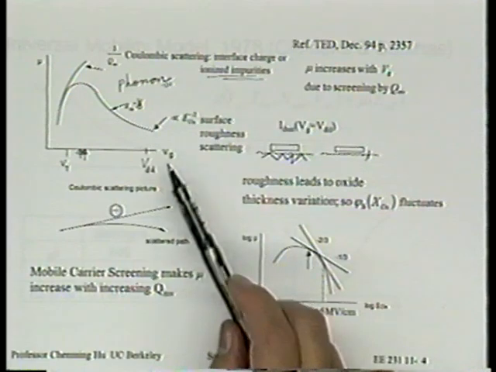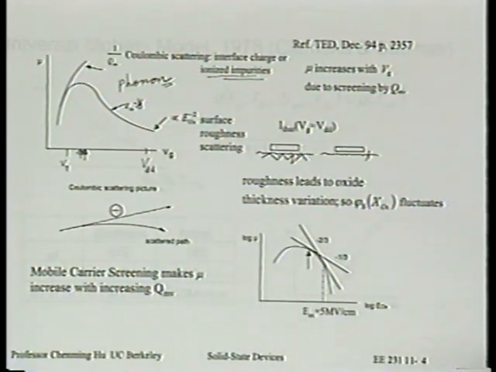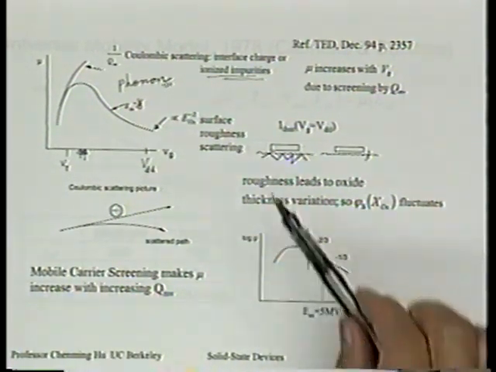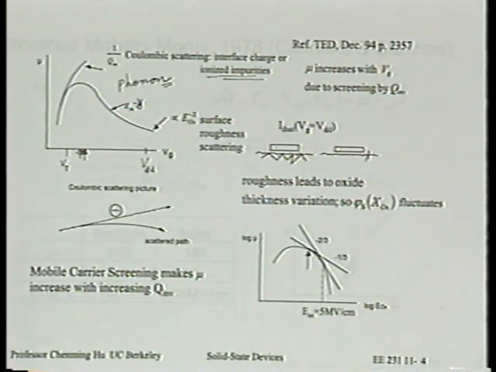Meaning if we double the VG, roughly speaking, I'm not being exact here, you can reduce the mobility by a factor of 2, right? By more than a factor of 2 if it goes beyond the slope of -1. So let's say -2. That means you double the VG, your mobility would decrease more than a factor of 2. Yes? And yet your QI would increase by how much?